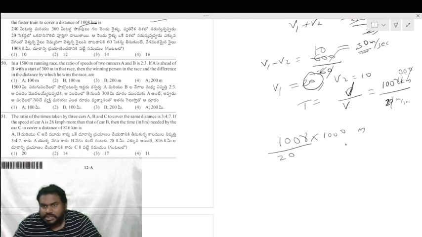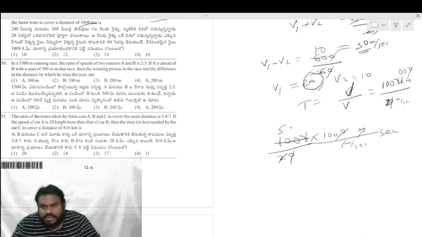So here meters and here meters per second, so meters get cancelled. You will get the answer in seconds, and you can convert them into hours later. So it is 504 hundreds. But seconds can be converted into hours by dividing with 3600, since 1 hour is equal to 3600 seconds.